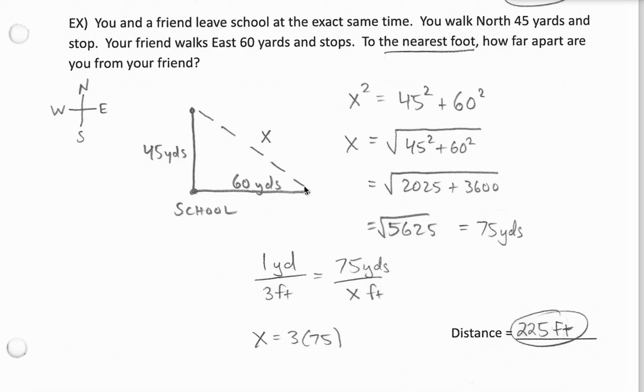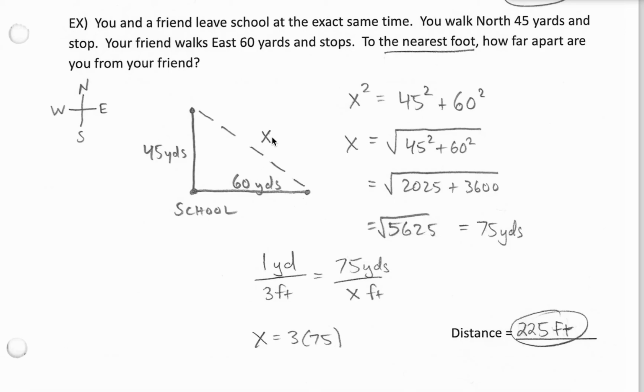And the question is, how far apart are we now? So we're going to find that hypotenuse length, but we're also going to convert it to feet. So we're in yards right now, so we'll do a conversion at the end there. I mean, you could convert these to feet first and then solve it. That's certainly possible. I'm going to use yards and then convert second.